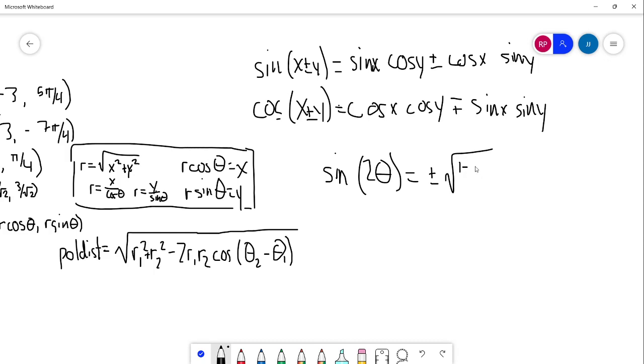I don't remember. It's like 1 minus cos theta over something. Let's look it up. Double angle identities. Yeah, it's 1 minus cos over 2. Oh, so I actually did get it right. That's amazing.